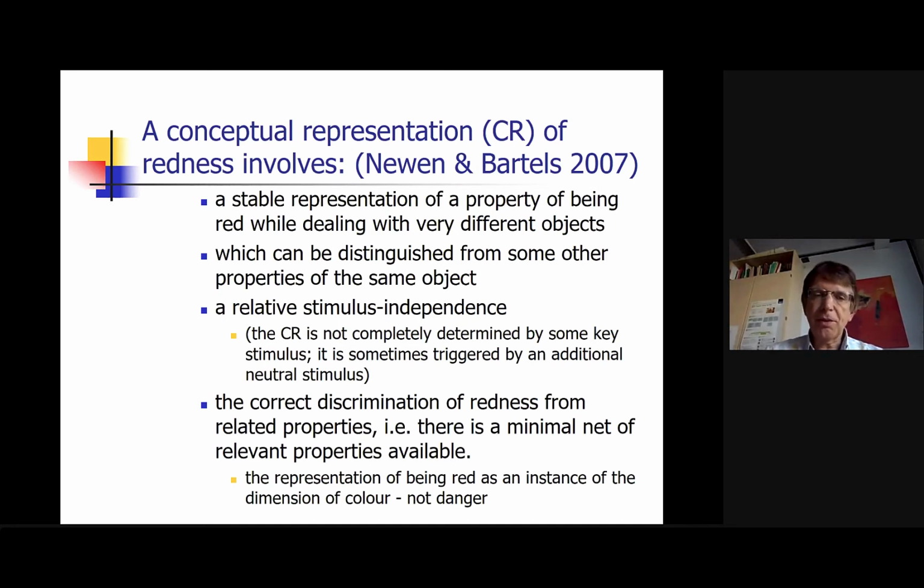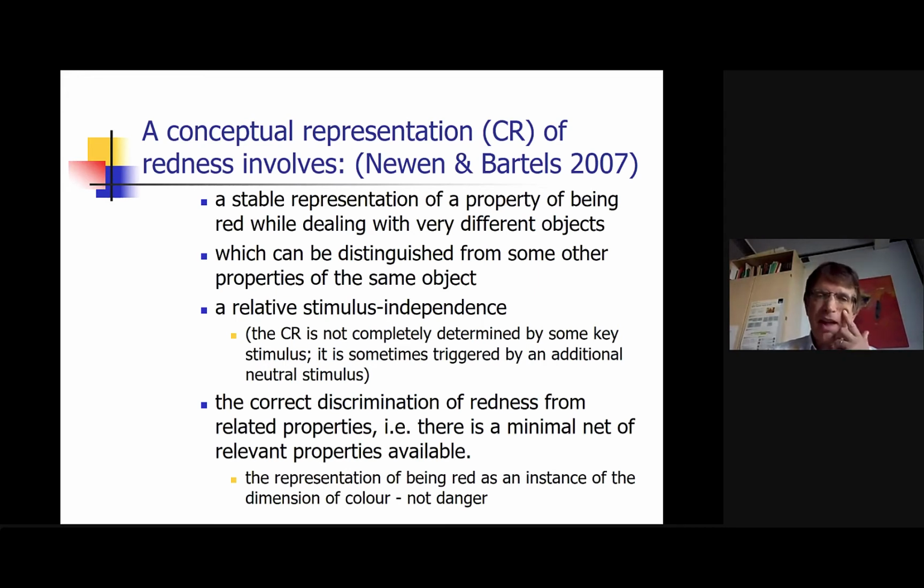Fourth, we should be able to discriminate redness from related properties. So there should be a minimal net or set of relevant properties available. The representation of being red thereby becomes an instantiation of the dimension of color. We should be able to distinguish red at least from one or two other colors. And it should not be part of the dimension of shape or danger.